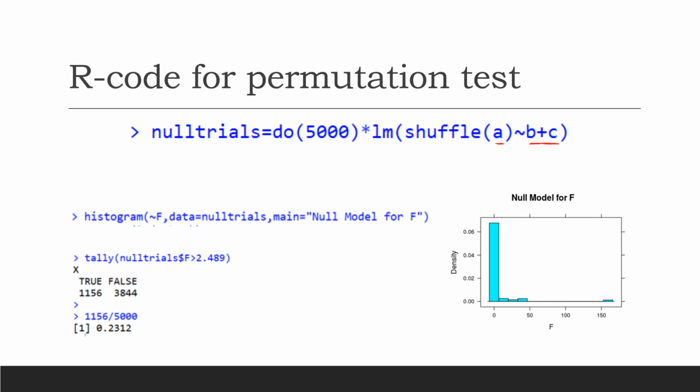What this is doing is it's taking the values of the response variable A and shuffling the order of them and then pairing them with the same values that I already had in the same order of B and C. So by doing this shuffling part, this part here is permuting the responses.